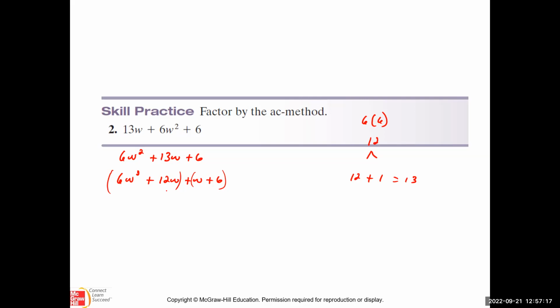Because I have my 6w squared and 12w, so it looks like I can take out a w basically. And so here, 6w and w, I'm going to take out a 6w. Take out a w, I'm going to end up with w plus 2.